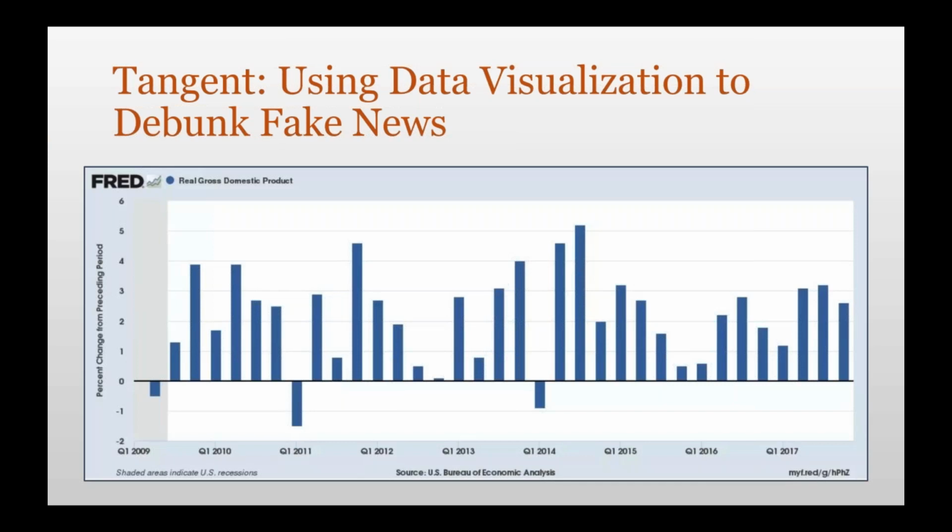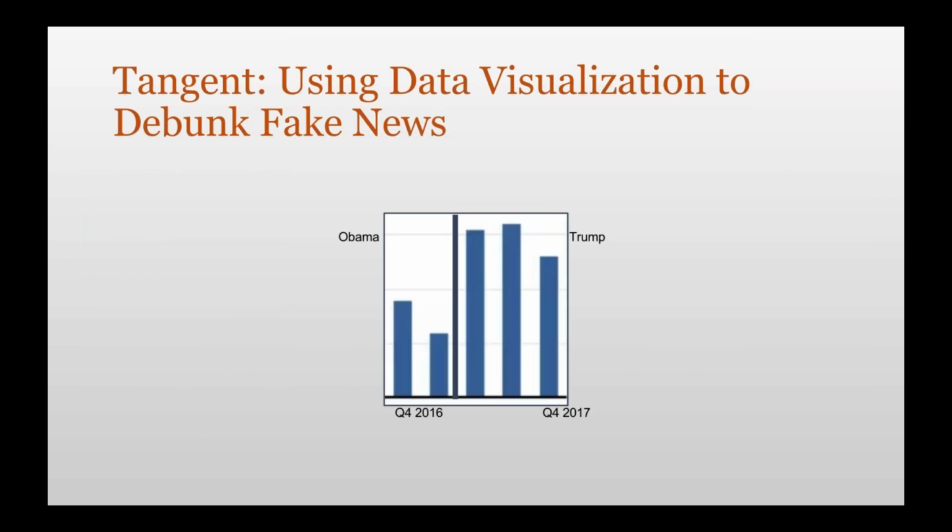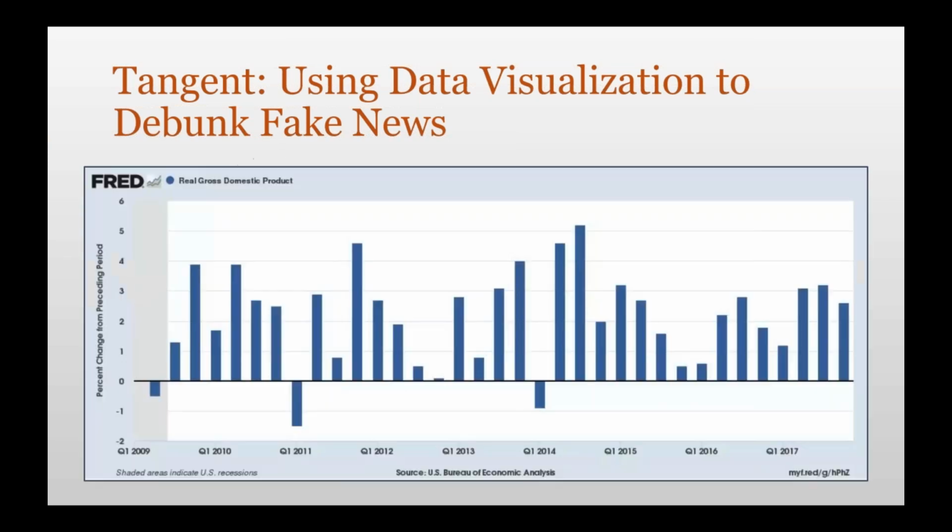So here, this is looking at things in a larger context. This is just a screen cap, but this is GDP growth since 2009, and here you can see the context that this is all in.